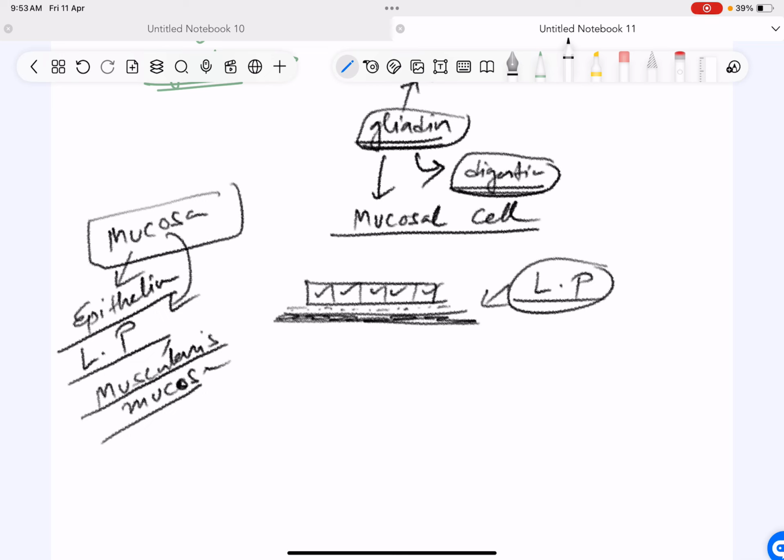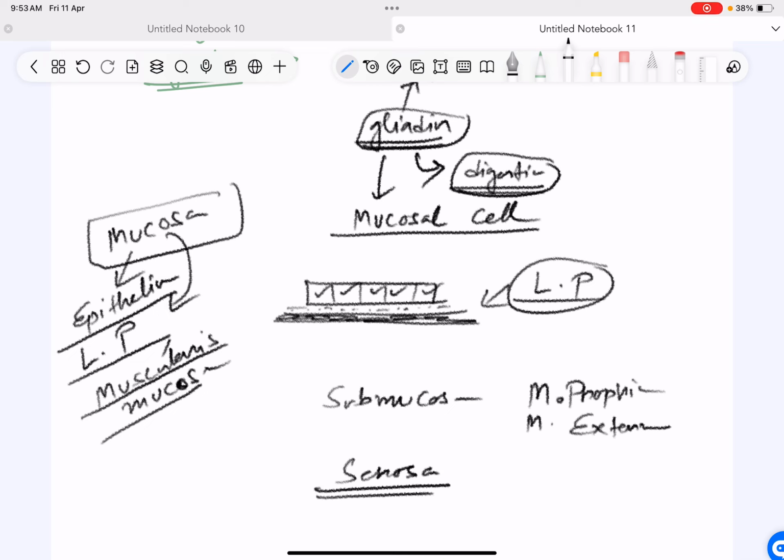Beneath the mucosa is the submucosa. Beneath the submucosa is the muscularis propria, also called muscularis externa. And lastly we have serosa. In extraperitoneal organs like the esophagus, the duodenum which is mostly extraperitoneal, and the ascending and descending colon, we don't have serosa.